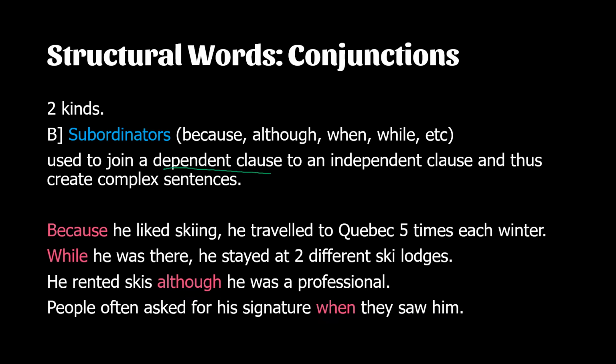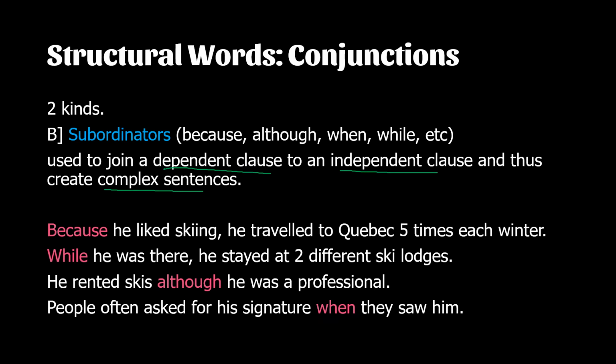And the dependent clause begins with the subordinating conjunction, and then that connects the idea to the independent clause. And these create complex sentences. Here are just 4 subordinating conjunctions, but there are about 20-something in English.